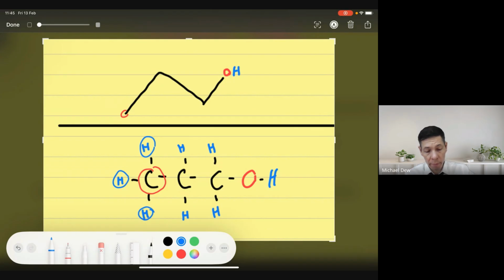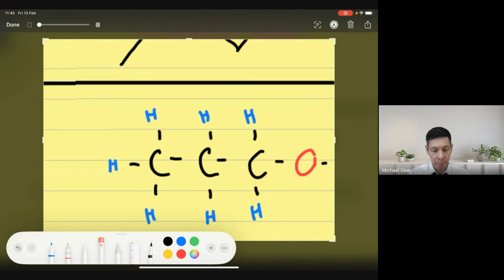So in the skeletal structure, there are also 3 hydrogens. Okay, here where my blue arrow is, you can see 3 hydrogens. I'm writing them down. And these 3 hydrogens do not need to be shown on a skeletal formula structure. However, you can see on the chemical display structure down here, okay, they are added.